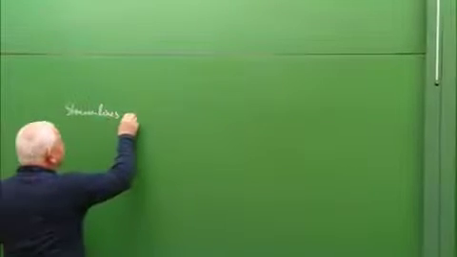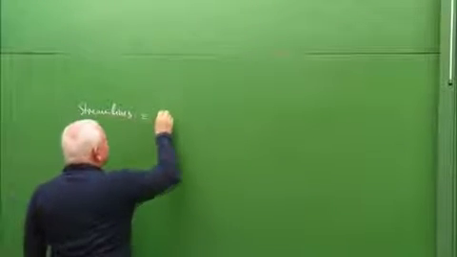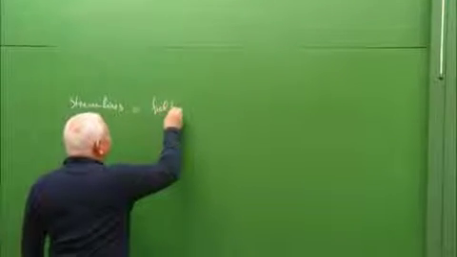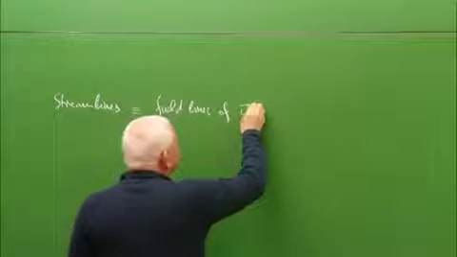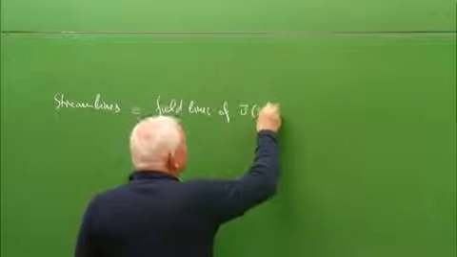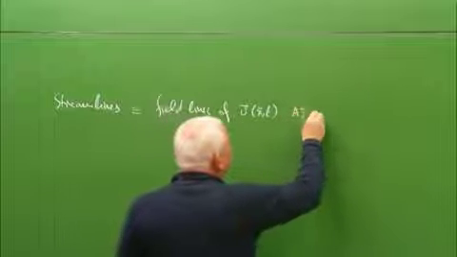Let me remind you that streamlines are essentially the field lines of the velocity field, v of x and t, at fixed t.